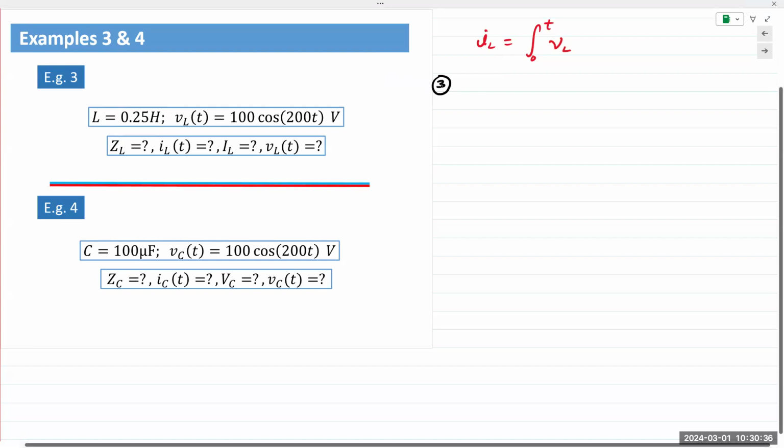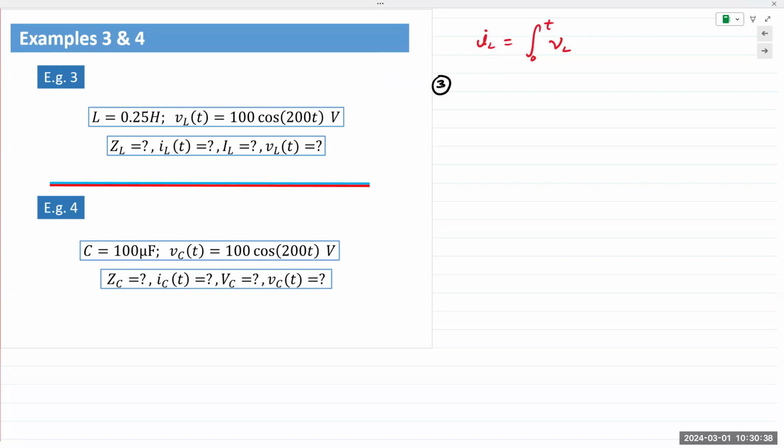And let's see. VL of t, voltage of the inductor as a function of time, is given to us: 100 cos of 200t. So first thing, extract as much information as you can from the problem statement. Omega is 200 radians per second. Phase is 0 degrees.